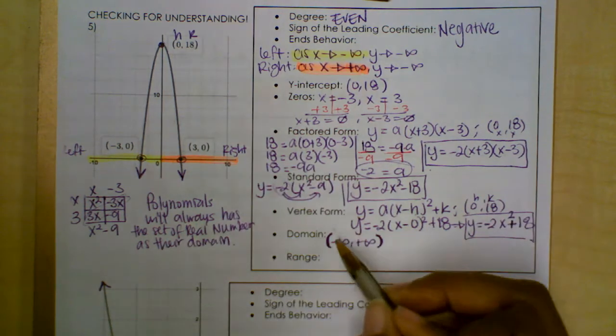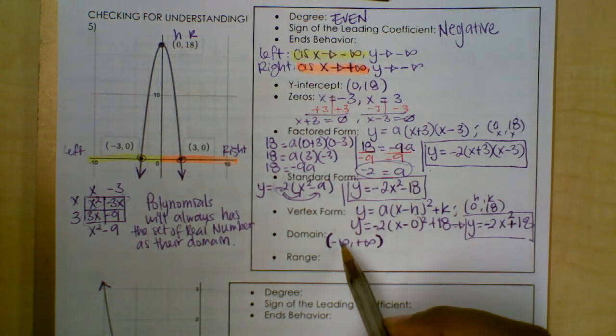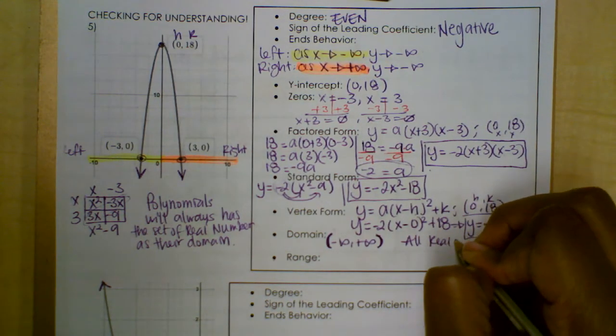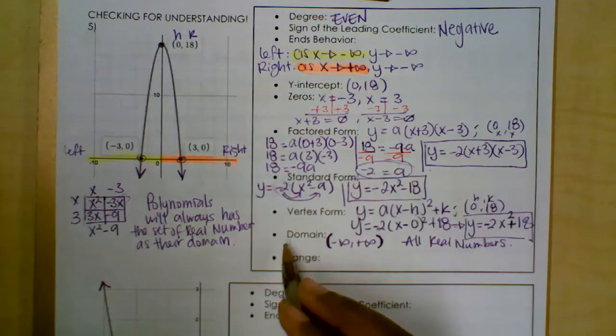For any type of polynomial, the domain will always be all real numbers. It only works for the domain.